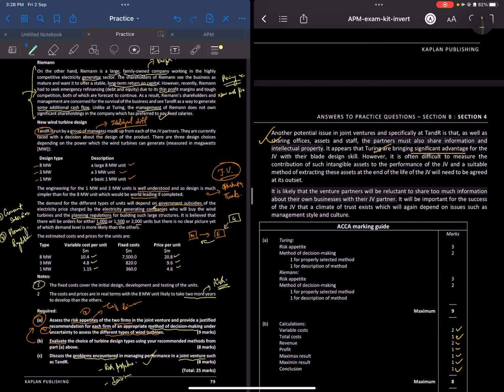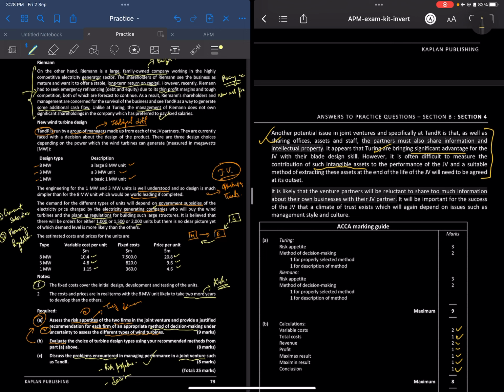However, it's often difficult to measure the contribution of such intangible assets to the performance of the JV, and a suitable method of extracting these assets at the end of the JV will need to be agreed at the outset. It will need to be looked at.